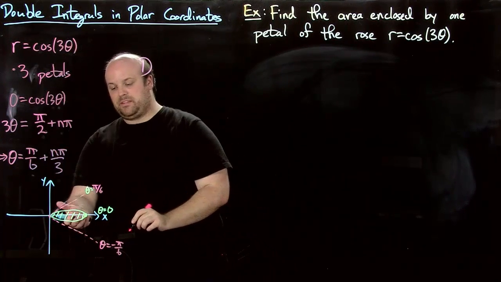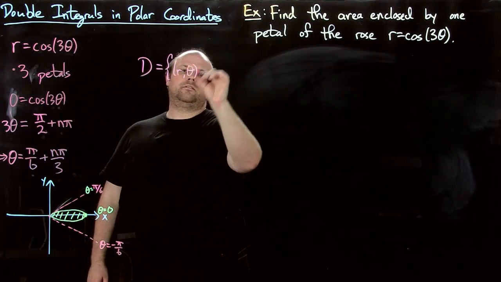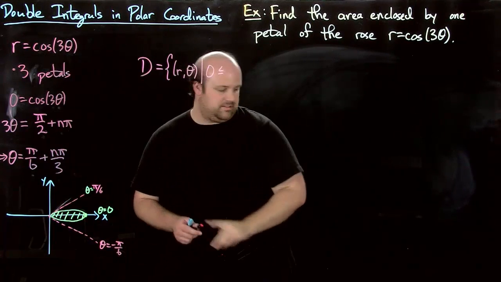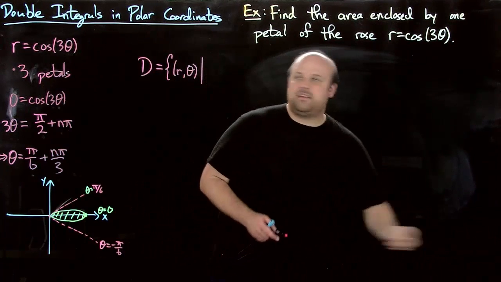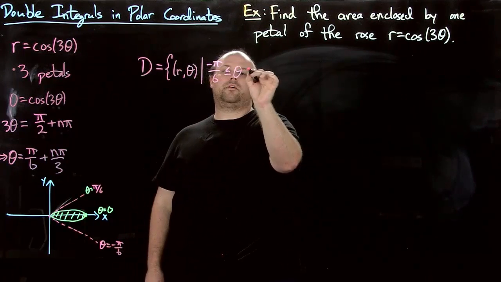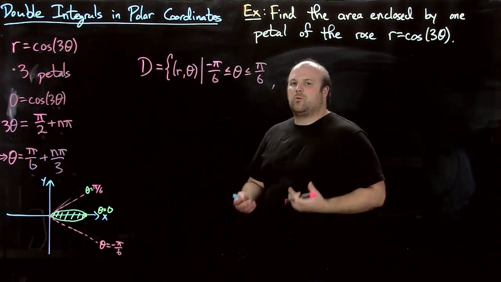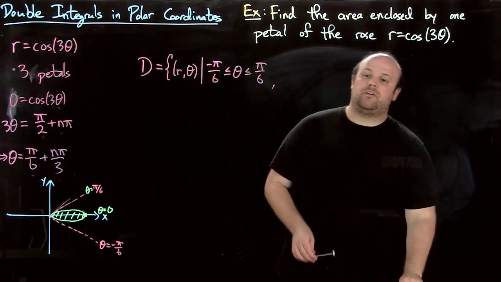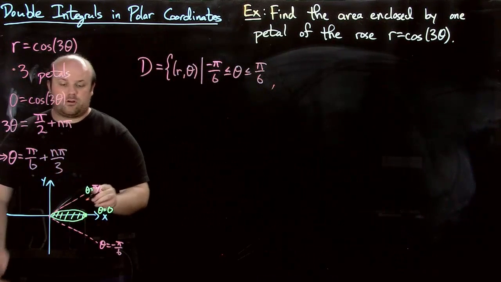So let's start describing this region as D. We know r and theta. So we know theta needs to go, oops, not 0. Theta should start at negative pi over 6 and go all the way to pi over 6. But what about r? Well, remember, when we're thinking of r, we have to start at the origin and work our way out.